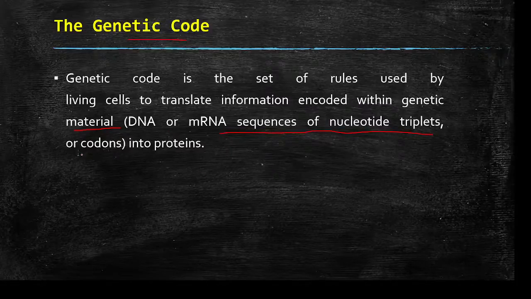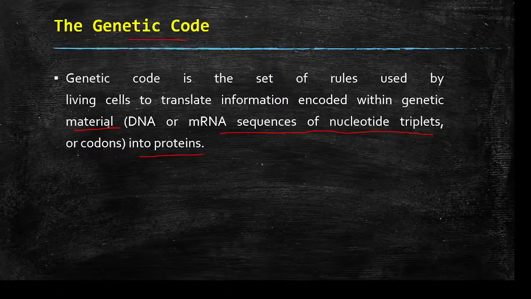They are present in the form of a set of 3 nucleotides, what we call nucleotide triplets. So this genetic code is in fact a language, or a set of rules, used to translate the information present in the DNA or mRNA into proteins.